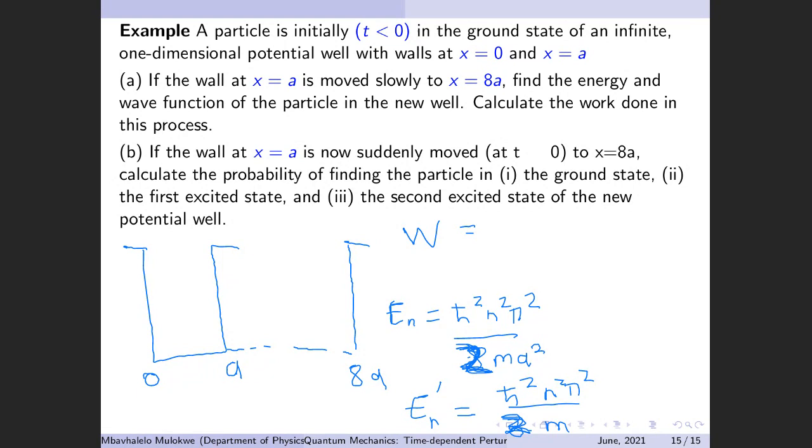And now you move it to 8a, so this gives you 8 squared. And then the energy difference will be E_n minus E_n prime. Let me see what it is.